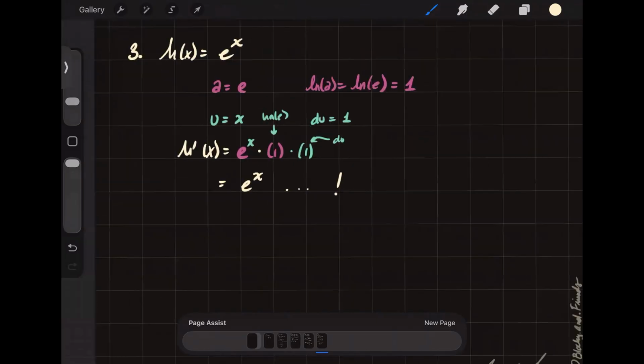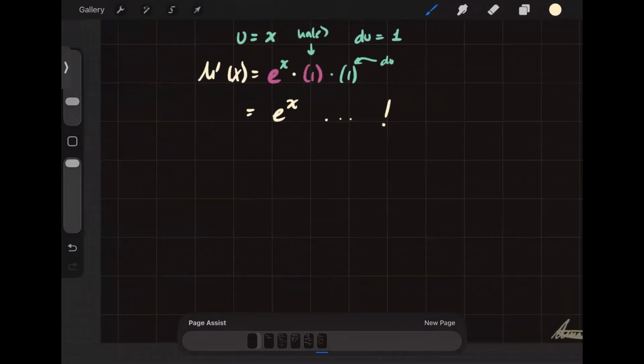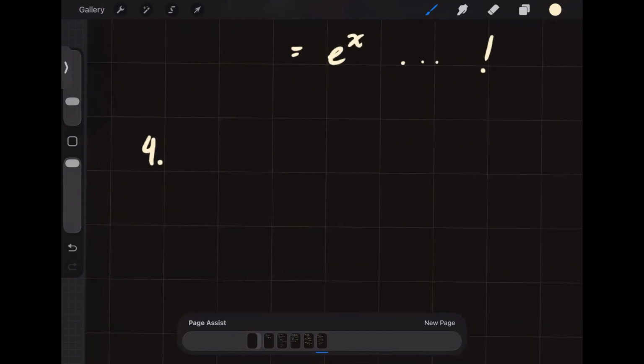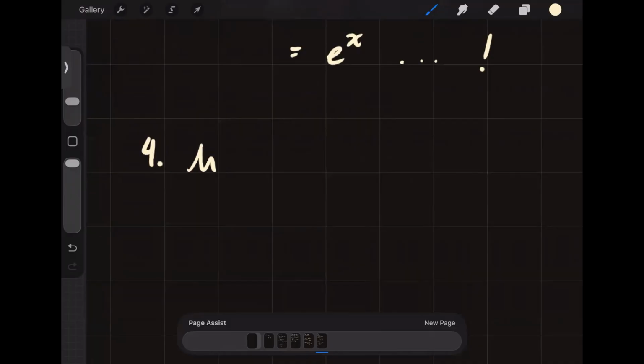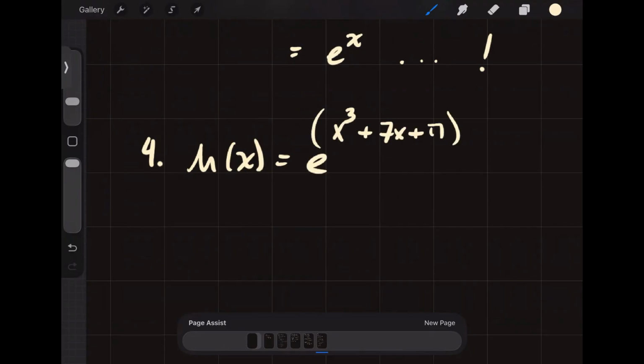And I'm going to give you one more interesting example. As a personal way of thinking, I would prefer to give you guys a more general form than a more specific form, because it's more versatile. Okay. And this will explain why in a second. Let's say h of x is equal to e to the x cubed plus 7x plus pi, right?